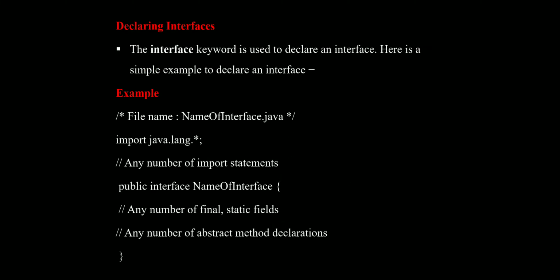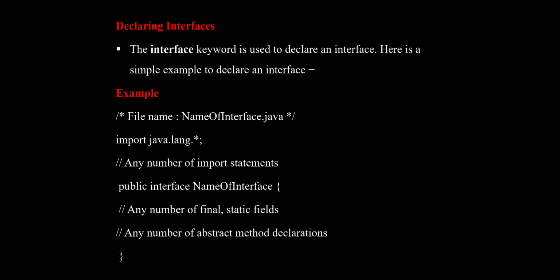Next is the declaration of the interface. The interface keyword is used to declare an interface. Here it means the class declaration and interface declaration are both similar. In a class we use the class keyword. In the interface concept we use interface as a keyword.